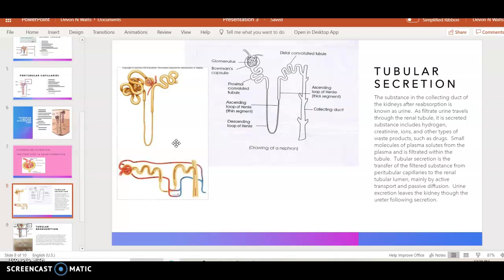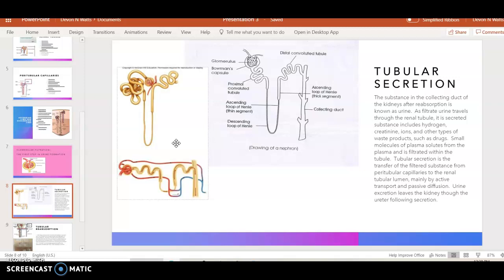So as filtered fluid travels through the renal tubule, substances are secreted, like I mentioned, the small molecules of hydrogen, creatinine, ions, and other waste products.